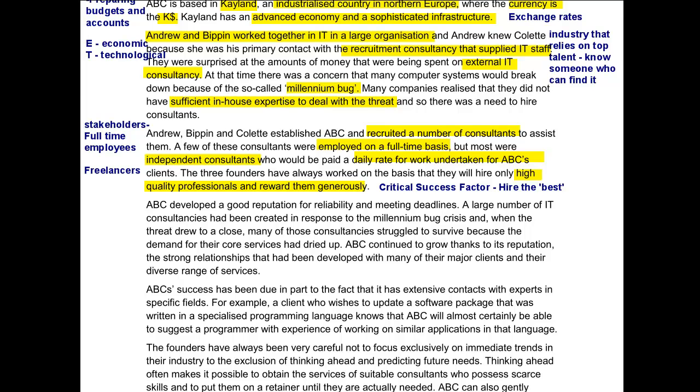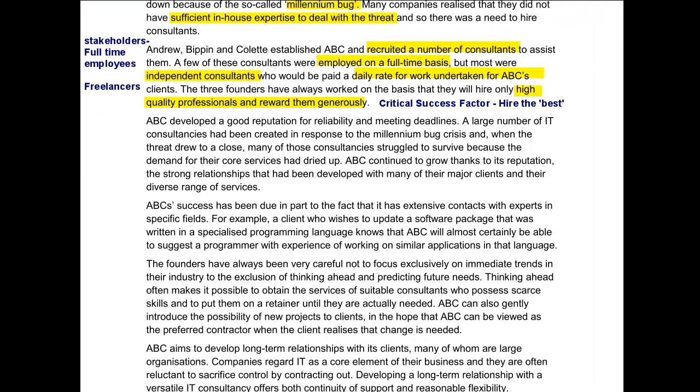Now we go on to a section here where ABC developed a good reputation for reliability and meeting deadlines. So this could be another critical success factor here, of hitting deadlines or being reliable, appearing reliable within the eyes of your potential client base.